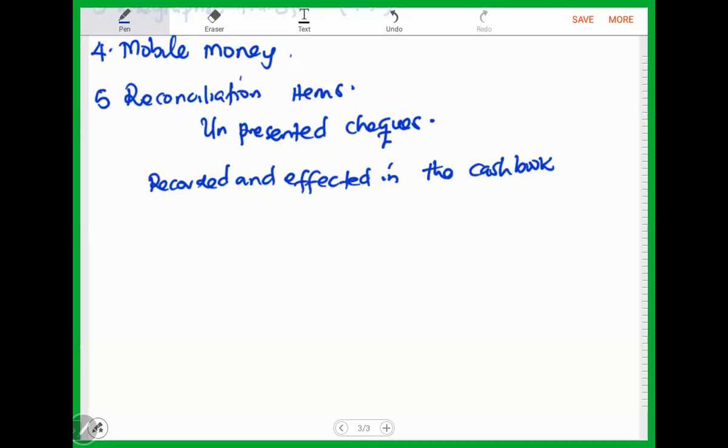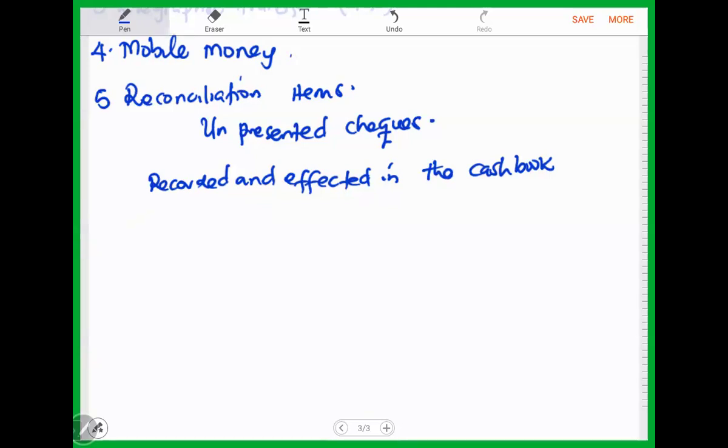By the time you collect your bank statement from the bank to make a reconciliation with your cash book, this payment has not yet been captured. So you have that check that you have issued, but that check remains unpresented. Unpresented checks are those checks which have been effected, clearly recorded in the cash book, but the payees have not yet presented these checks to the bank for payment, and nothing like a record is appearing on the bank statement for such unpresented checks.